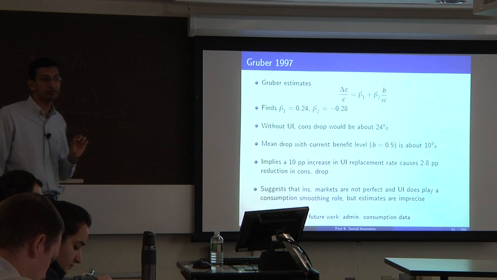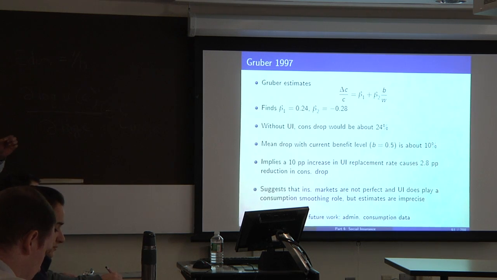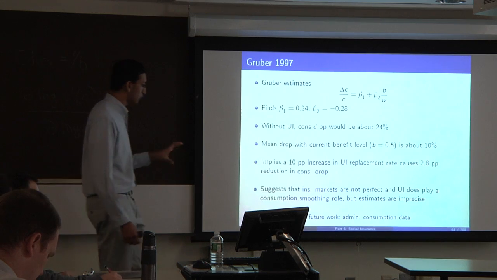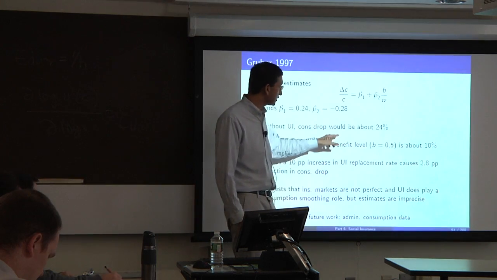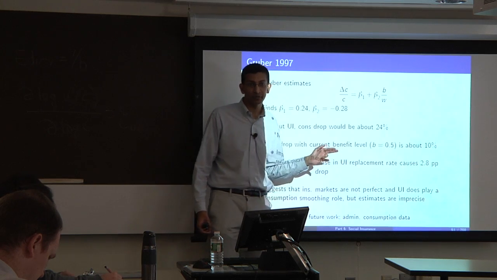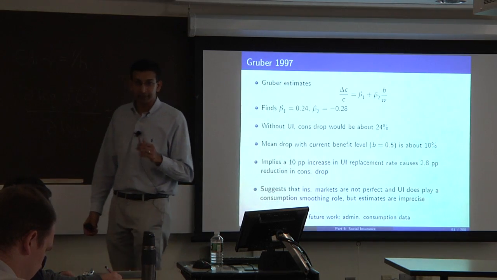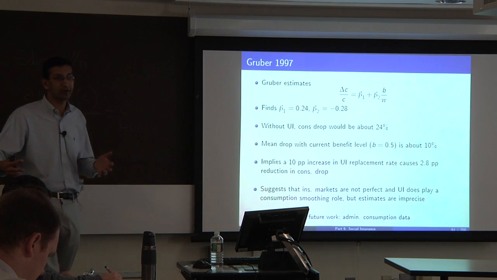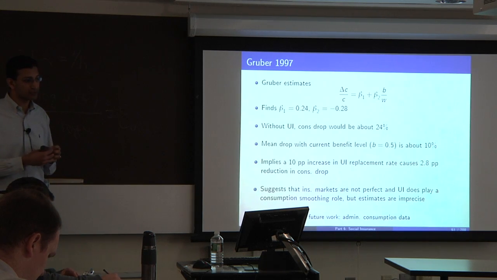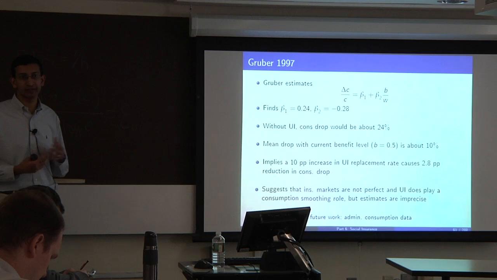So I actually think one of the highest potential areas for further empirical work in this area is to do this type of analysis or other related analyses using administrative consumption data. So one of the frontiers in terms of administrative data where we really have not made a major breakthrough yet is in consumption data.